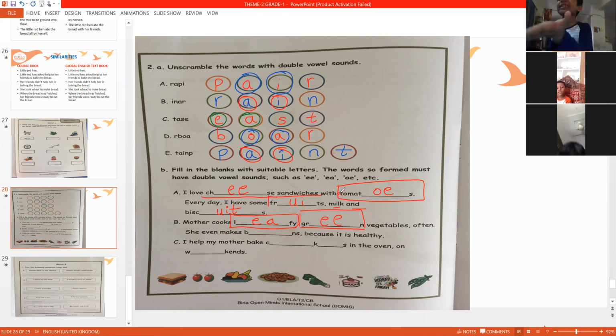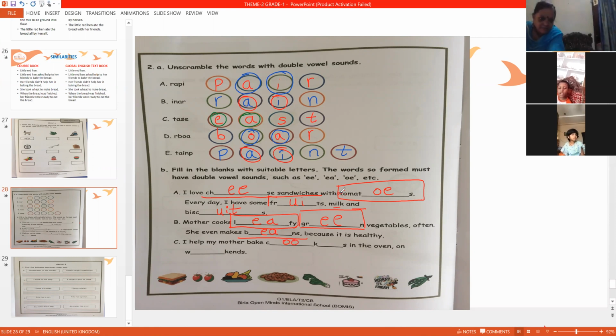Often she even makes dash. What does she make often? Beans. So here we will write E and A again. Beans. Because it is healthy. I help my mother bake C-O-O-K-I-E-S.